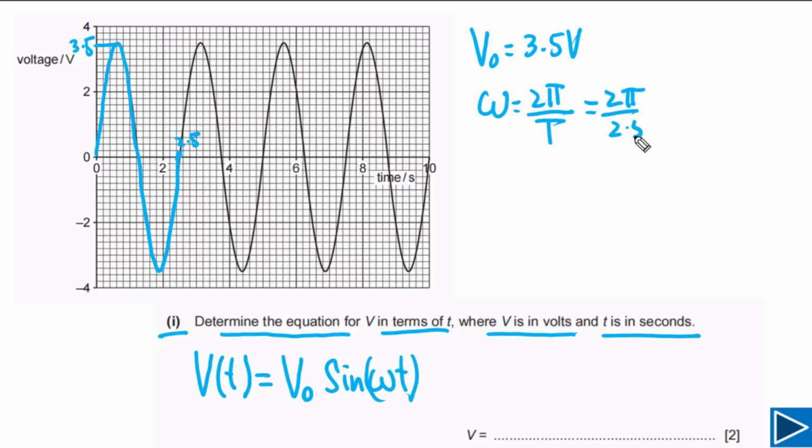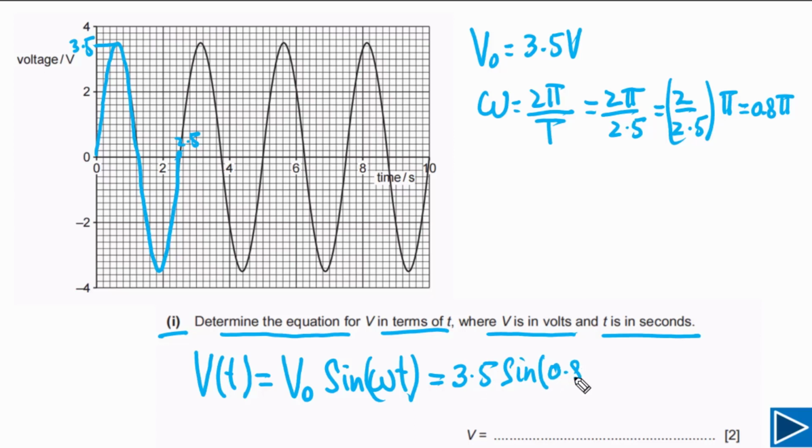If we simplify, 2 divided by 2.5 multiplied by pi gives 0.8 pi, and this is the value of omega. Now we can write V equals 3.5 sine of omega t, where omega is 0.8 pi, times t, and that's all we need to write for this question.